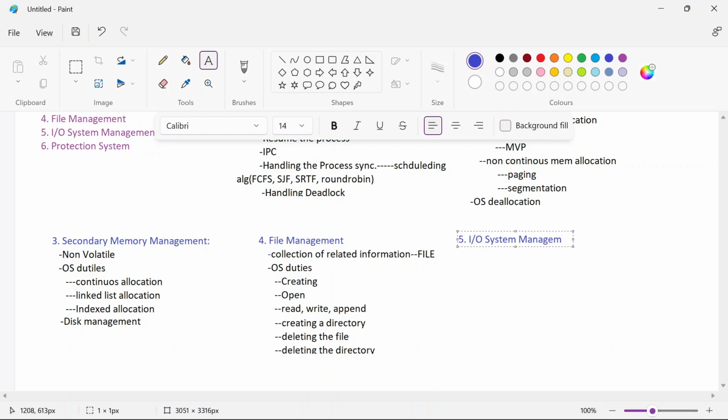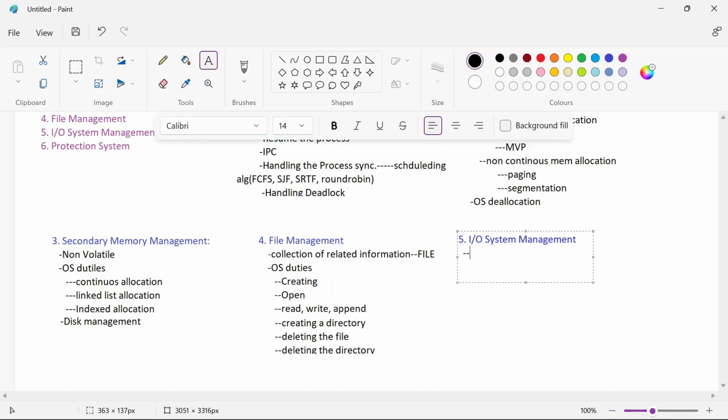IO system management is nothing but we have different types of input devices and output devices connected to the computer, right? Now whenever any user or any application program wants to use any type of IO devices, it is the operating system's responsibility to allocate that IO device to the particular requested one.